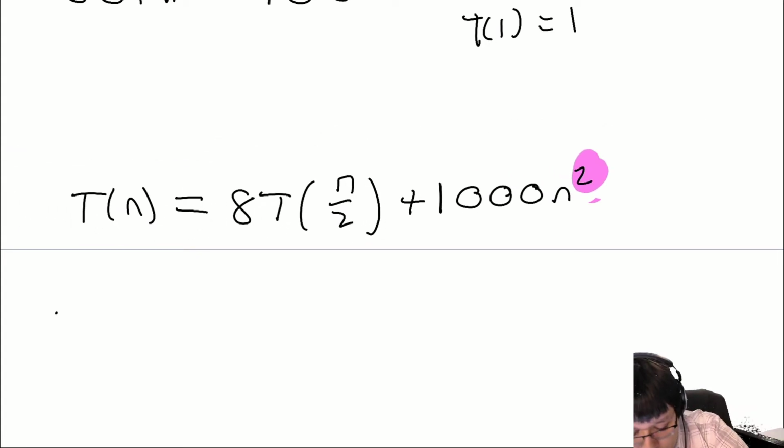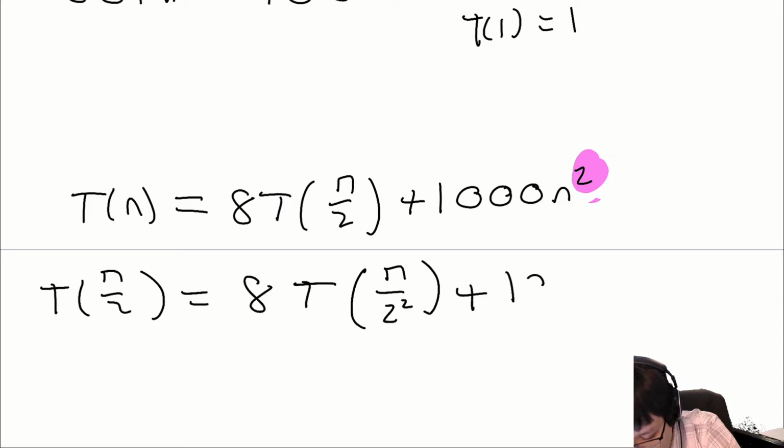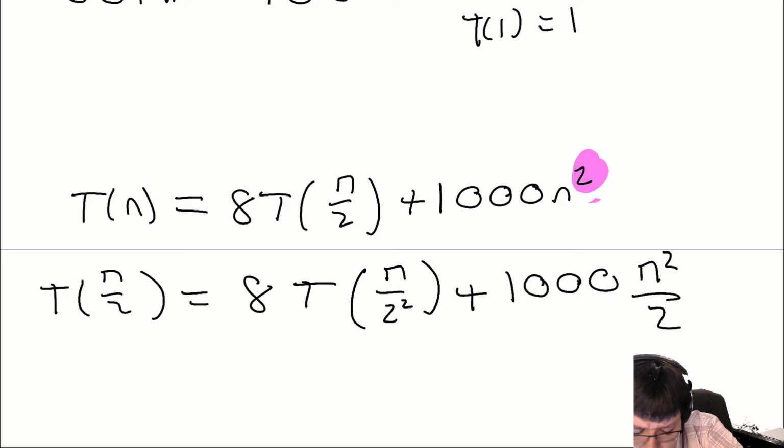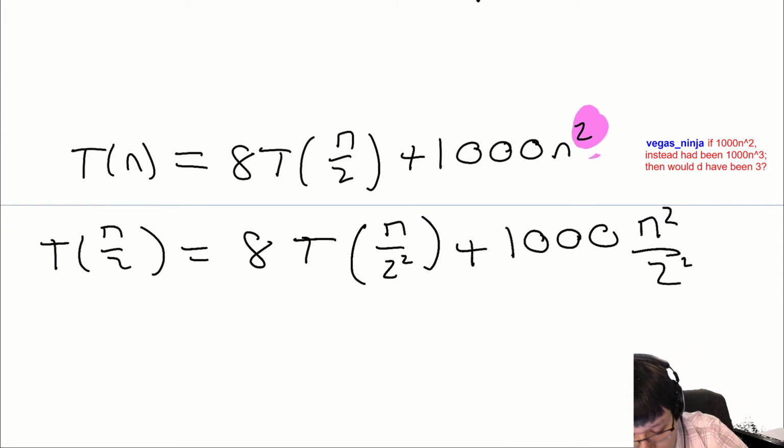If we were to solve T of n divided by 2, that means this would have been 8 T of n divided by 2 plus 1000 n squared divided by 2. With the square, you have to do the 2 squared too. Okay, like that.